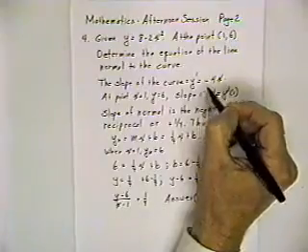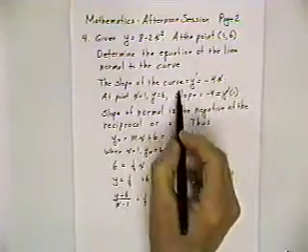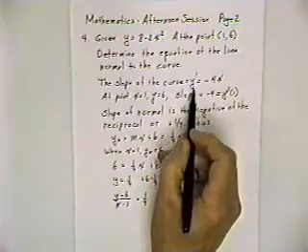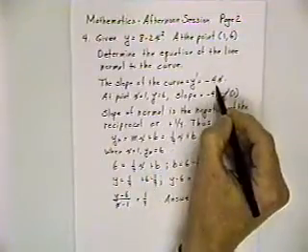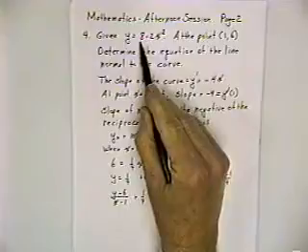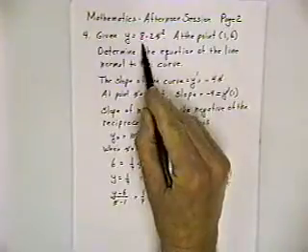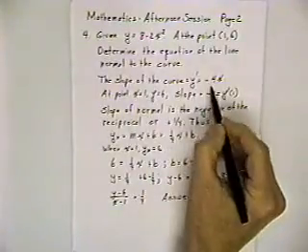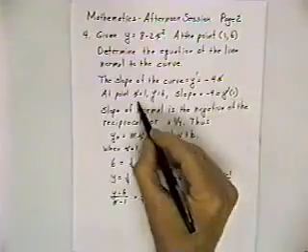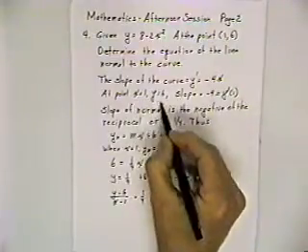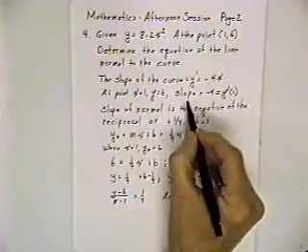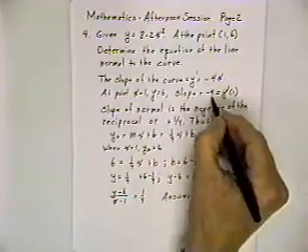Aha! Normal to the curve. The slope of the curve, y prime, is just equal to minus 4x. That comes from just differentiating this equation up here. Minus 4x is the first derivative. At the point x equal 1, y equals 6, the slope is going to be equal to minus 4.